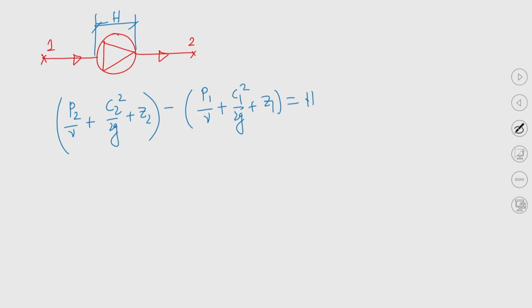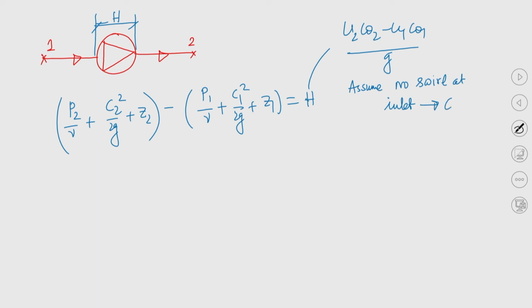So, we know this quantity is u2 C theta 2 minus u1 C theta 1 by g, and if we assume no swirl at the inlet, that means C theta 1 equal to 0. So, we can write H is equal to u2 C theta 2 by g.